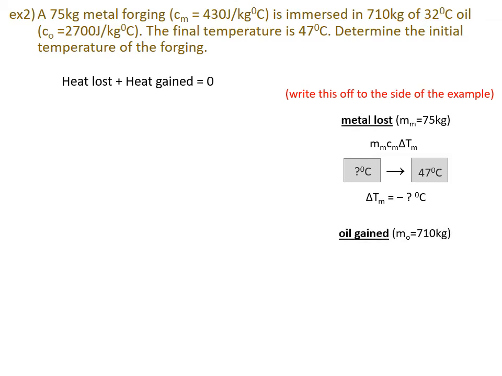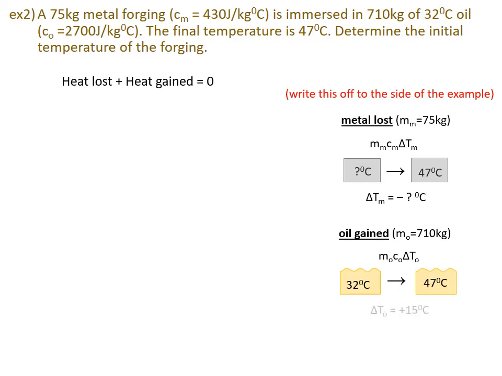Now, the oil is what is gaining heat. So the mass of oil is 710 kilograms, and it starts at 32 degrees Celsius, and it's going to warm up to the final temperature of 47 degrees Celsius. Again, just increasing in temperature, so Q equals mc delta T. I use the subscript of O because this is for the oil.